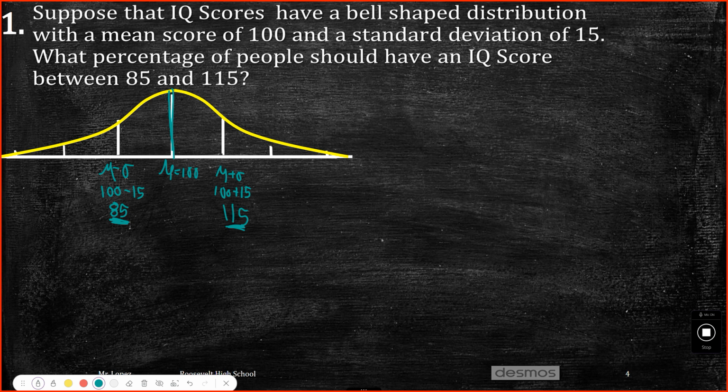And 68% of people are just average because they're within one standard deviation of the mean. So 34% of people fall within here, and 34% fall within here, and 34 plus 34 is 68%. So when it asks what percent of people should have an IQ score between 85 and 115, I think the answer is 68.